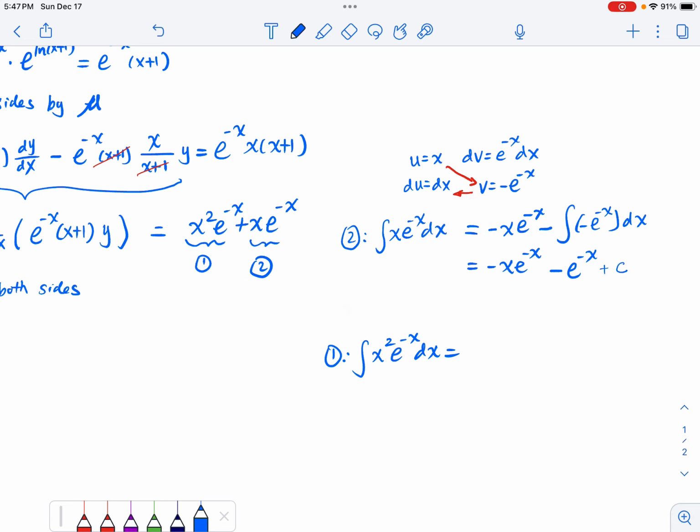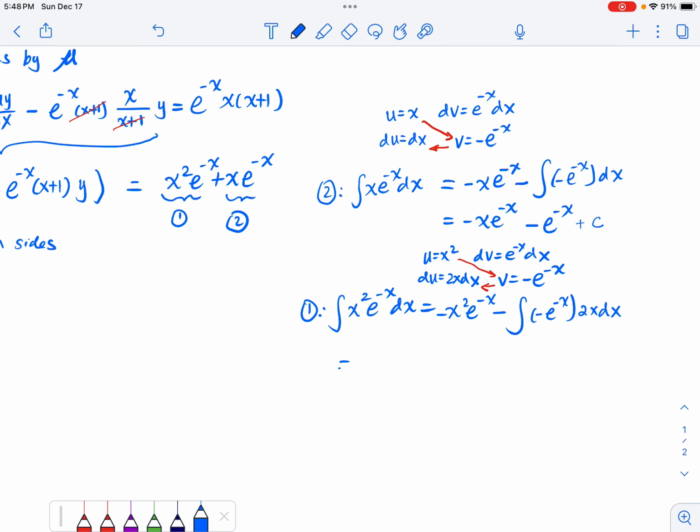So in this case, my u is x squared, dv is e to the negative x dx, du will be 2x dx, and my v will be negative e to the negative x. And u times v will be negative x squared e to the negative x minus v du, so multiply these two together, negative e to the negative x, 2x dx, right?